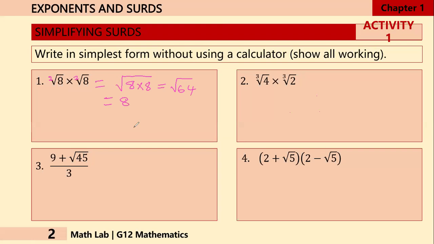I should explain again. What I was saying is that if we have this kind of number here, we've got root 8 multiplied by root 8. So how do we go about that? These numbers here under the square root are the same, 2 and 2. So we can multiply the numbers inside.